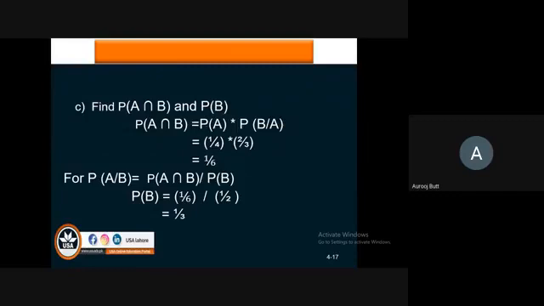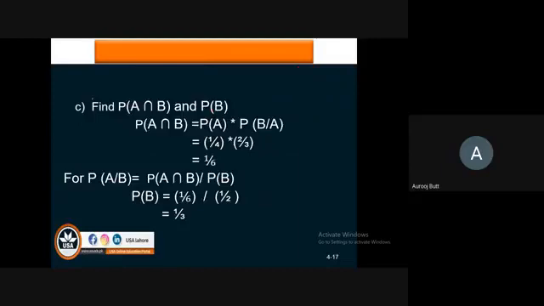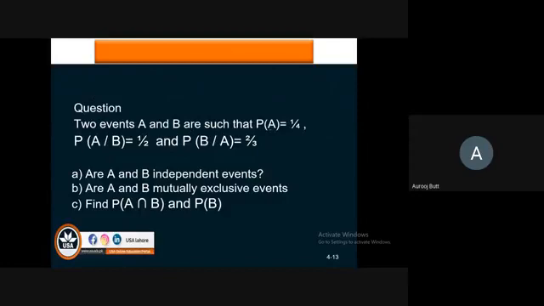Now, according to the given statement, probability A intersection B can be computed from the formula: probability A given B multiplied by probability B. But you can simply see that we don't have probability of an event B in the given question. We have only probability of an event A, probability of an event A given B, and probability of an event B given A. So according to the given data, you have to compute probability A intersection B.